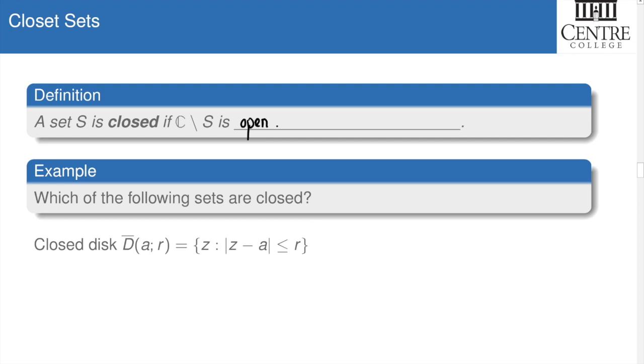Remember, C minus S, this notation is set minus, means all the points that belong to the complex plane but that do not belong to S. And we say a set is closed if its complement is open.